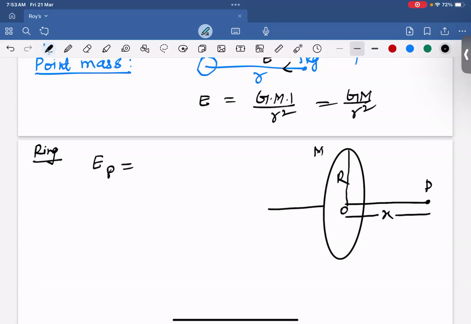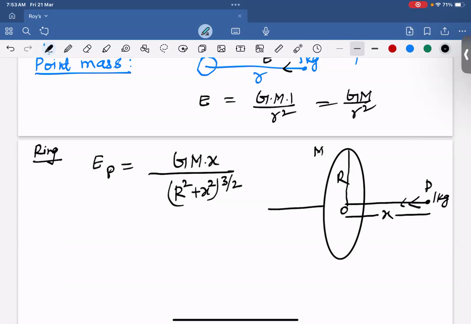So this formula is G m into x divided by (r square plus x square) to the power 3 by 2. ठीक है. And it is also the force that this 1 kg will experience toward the center of the ring.